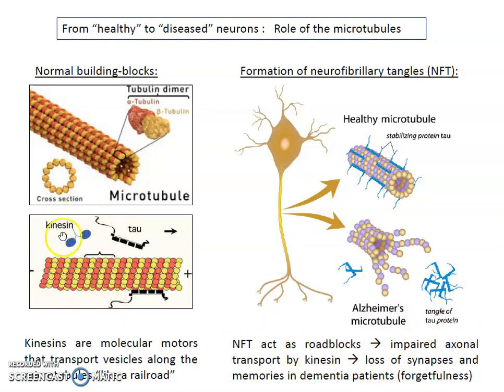We know that the kinesin needs a road to transport, but when there is a destabilization of tau protein, there will be no road by which the kinesin can transport. That will lead to the loss of synapses and memory, dementia in the patient, and we can talk about forgetfulness.